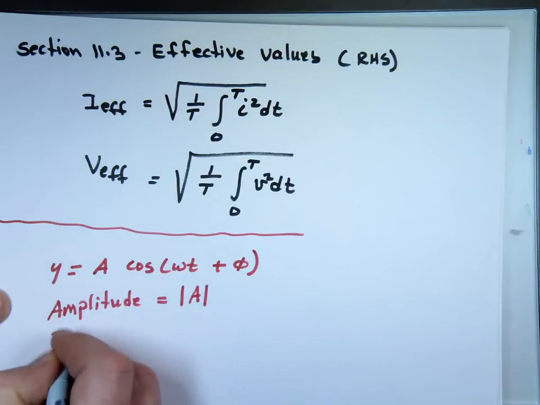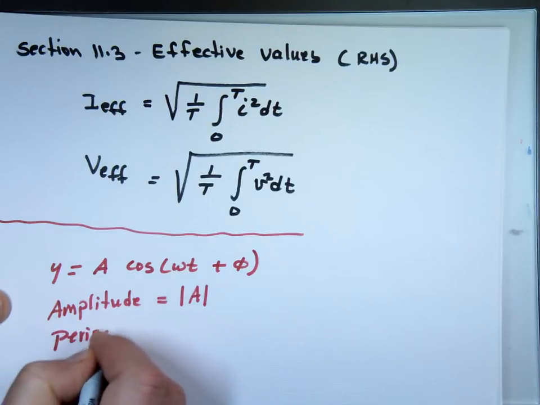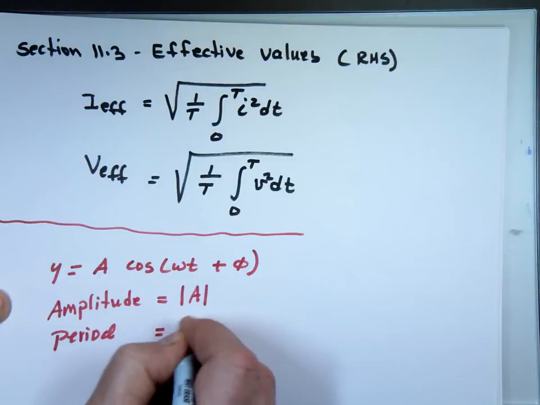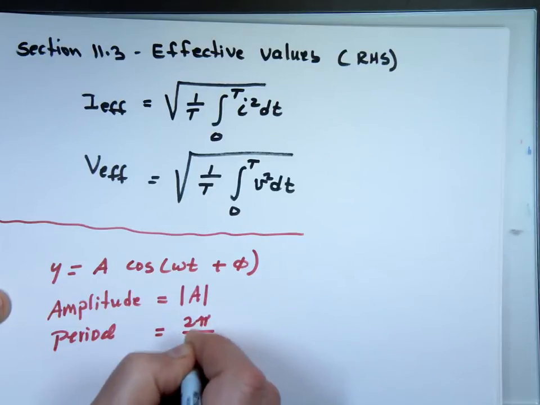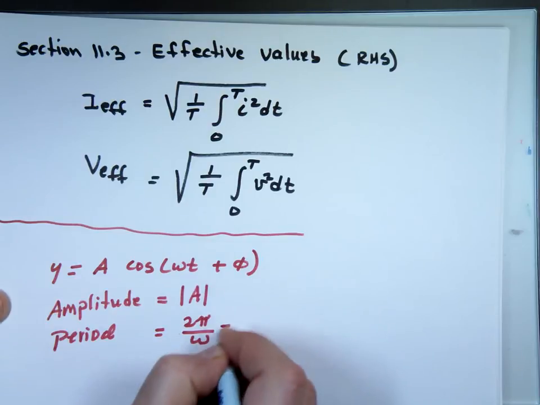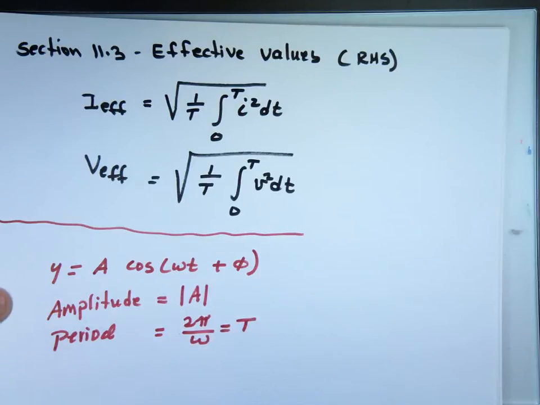The period is always 2 pi divided by w, whatever w is, and we give it the letter T. That's the period, 2 pi over w.